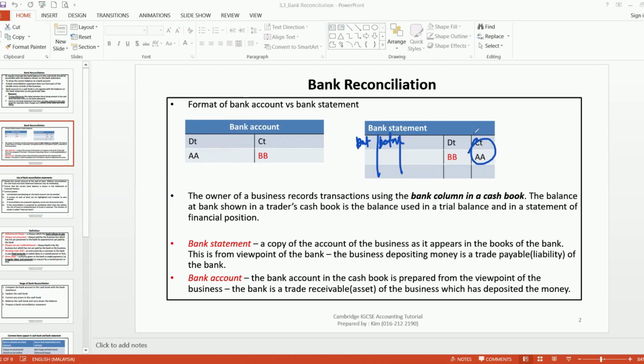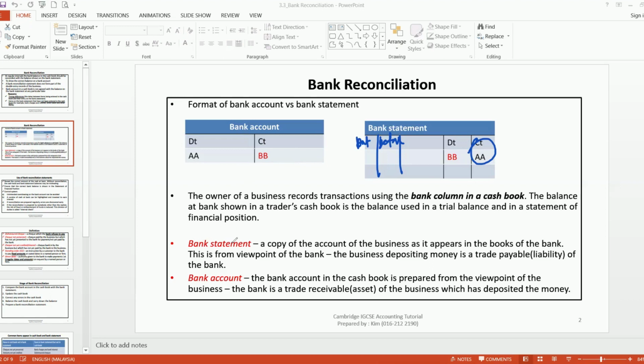So that's why they record it on the credit side. Whereas in our bank account, the credit side is when we are giving out money, paying out to somebody. But to the bank, they will debit, because we reduce our money, so they do not owe us so much money. Next.